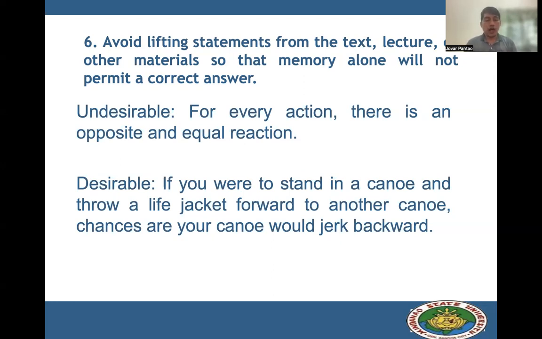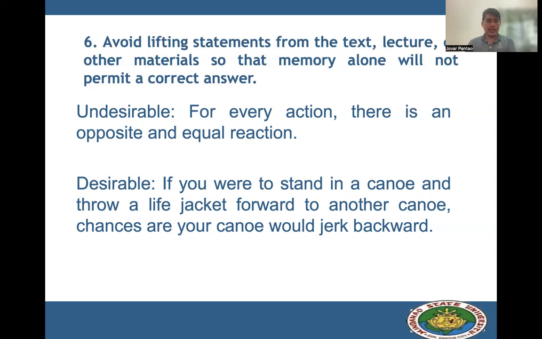So for example, this is the third law of Newton. For every action, there is an opposite and equal reaction. So instead of stating that, which is obviously lifted from the lecture or even from the book or even from the text, we can probably give an example for the students to check whether that example is telling about the third law of Newton.